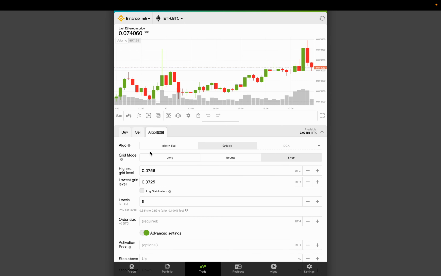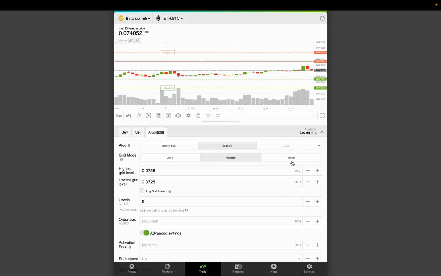Here you can basically express your view that in the long run you expect ETH to overcome BTC, or BTC to overcome ETH, by using neutral, short or long bots. In this case, for a neutral bot, you'll have to have both ETH and BTC. For long, you'll only need ETH, and for short, you only need BTC. Okay, that was a recap of the short, long, and neutral grids on spot exchanges.